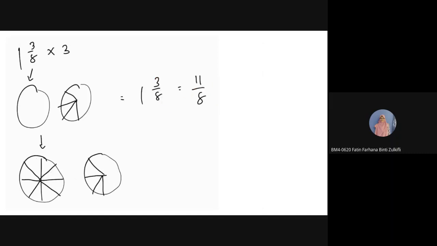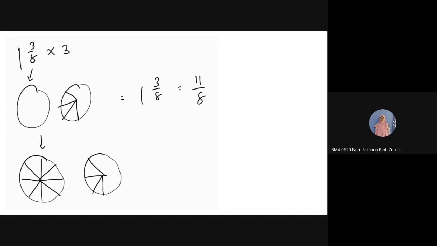So we cut the whole pizza into 8. We can see that the whole pizza is cut into 8, and for the other pizza, how many are left to make it 11?